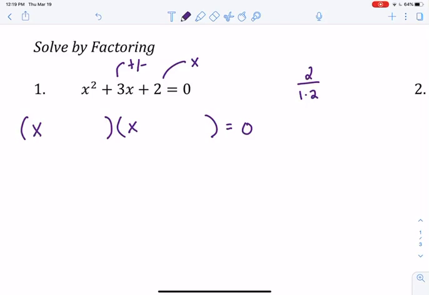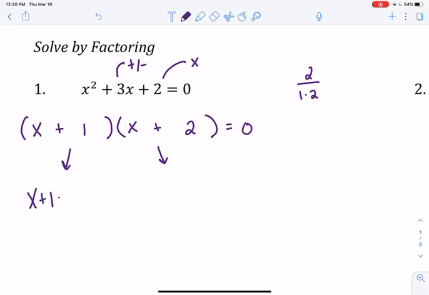So I know that if I put a positive 1 and positive 2 and we check this, a positive 1 plus 2 gives us 3. Awesome. Also, 1 times 2 gives us 2. So that all works out. And normally, in the past learning targets, this is where we stop. But now with our new step, I'm going to split both of these up.